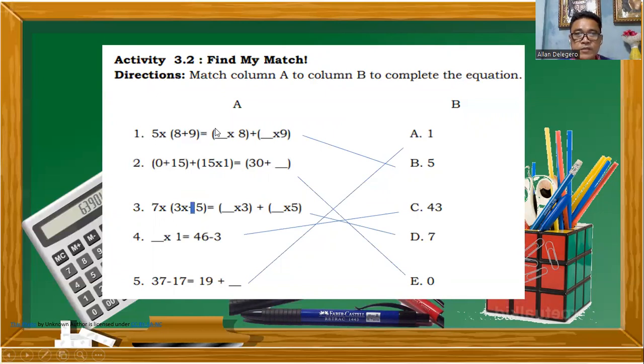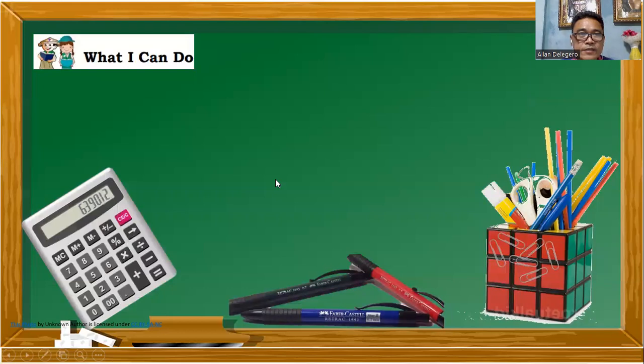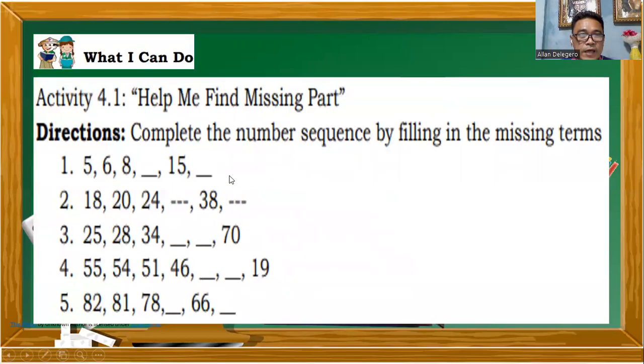So to complete the equation, we have to put here 5. For number 2, the answer is letter E. Number 3, the answer is letter D. Number 4, the answer is letter C. And number 5, the answer is letter A.